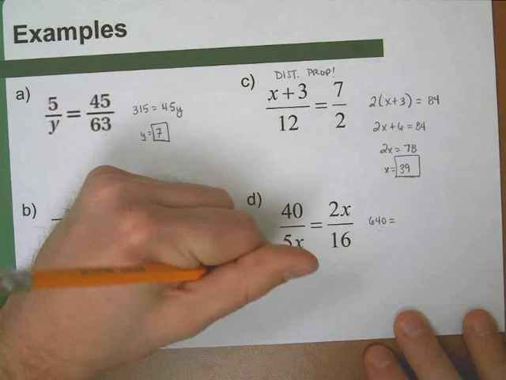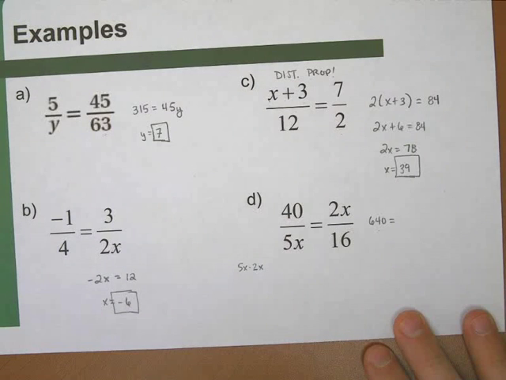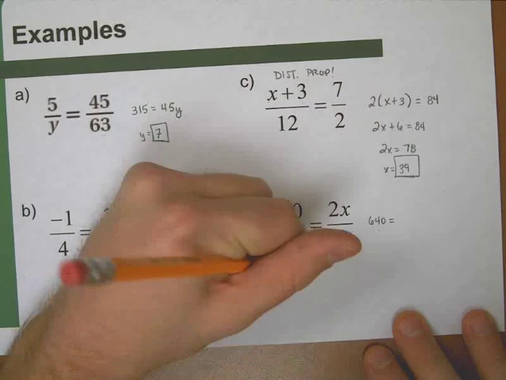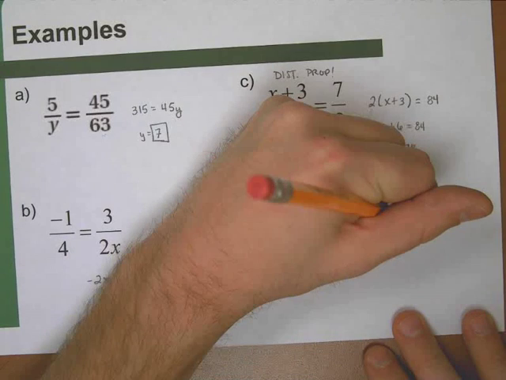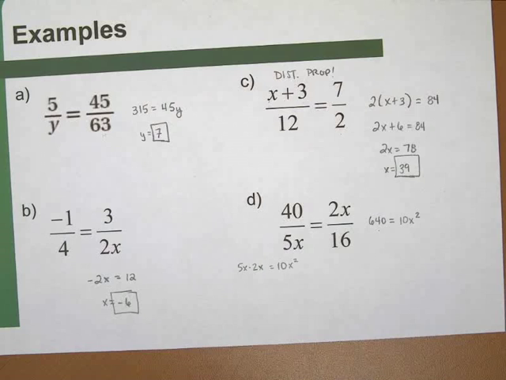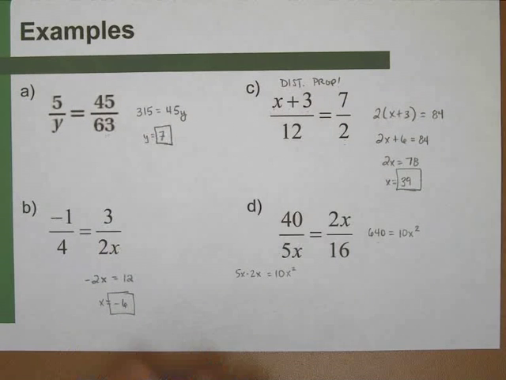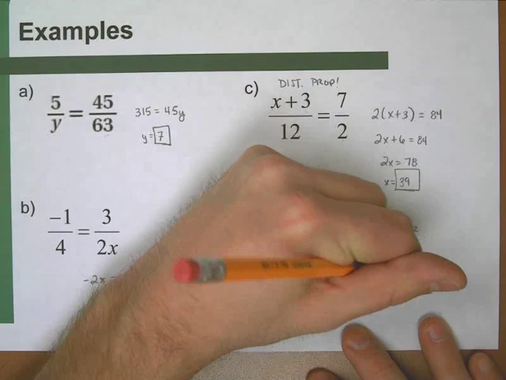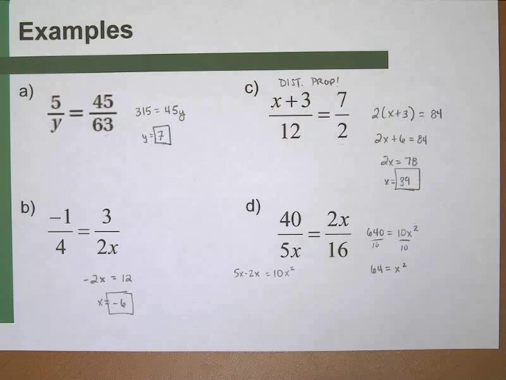Here's where the math comes in. 5x times 2x: 5 times 2 is 10, and x times x is x squared. Now we're dealing with squares. Uh-oh. How do I solve for a square? I think the easiest route is to simply divide out the 10 first. If I divide both sides by 10, I get 64 is equal to x squared.